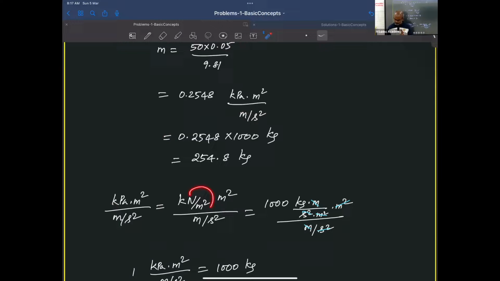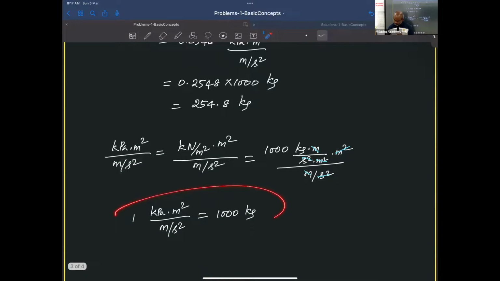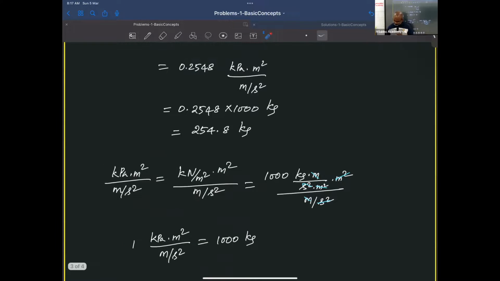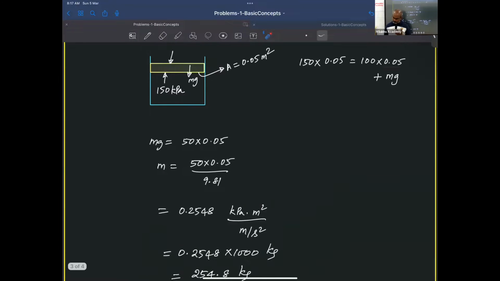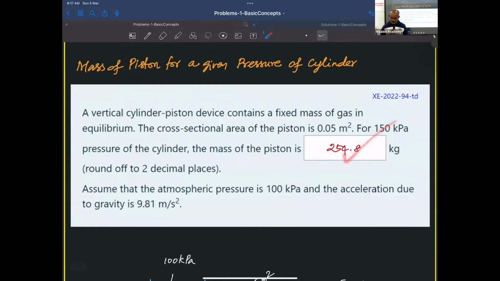Pascal is simply Newton per meter square, and K is 1000. Now we can cancel out the units, and at last we are getting 1 kPa meter square by meter per second square coming as 1000 kg. This is simply 1000 kg. So from which we get the answer to be 254.8 kg, otherwise 255 kg is also an acceptable answer.